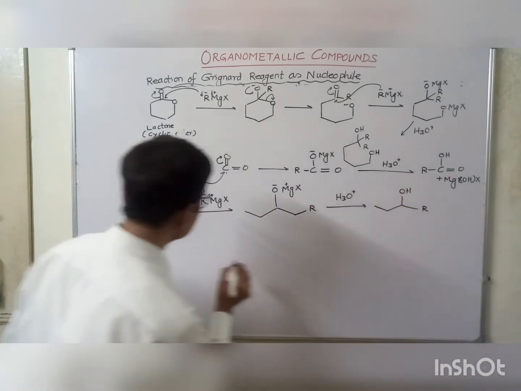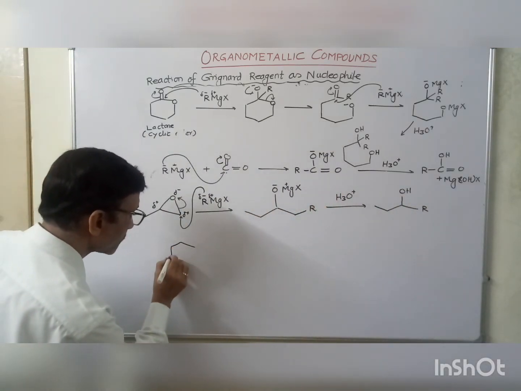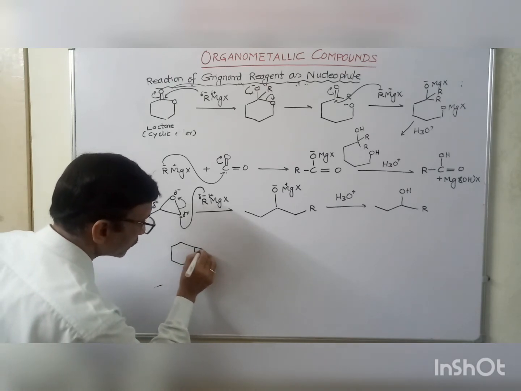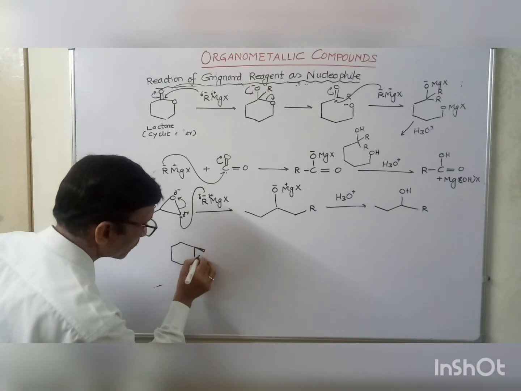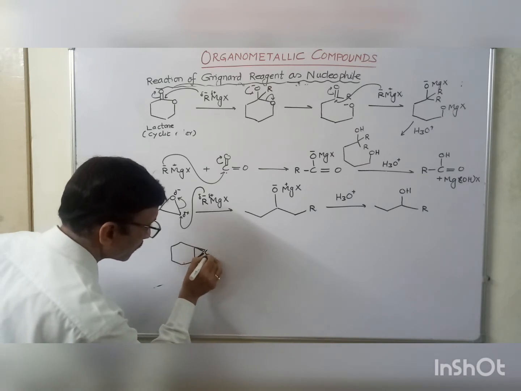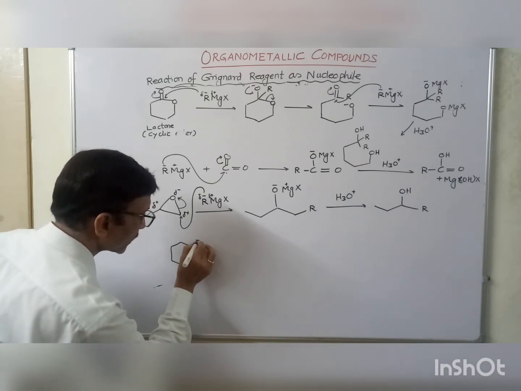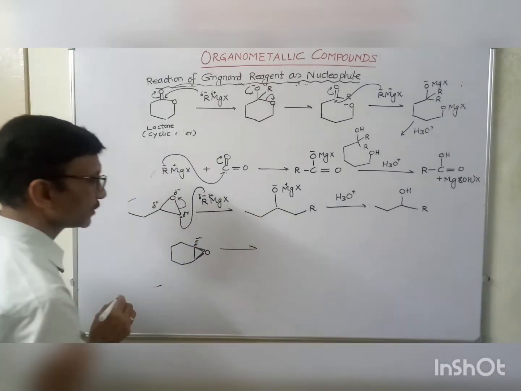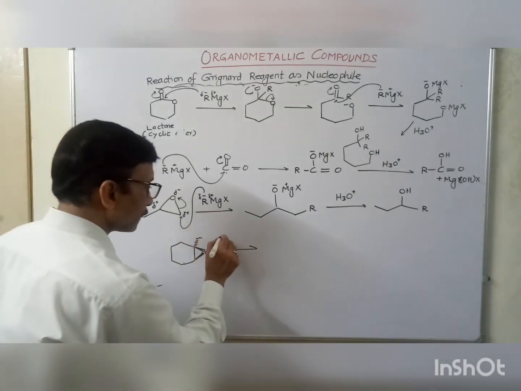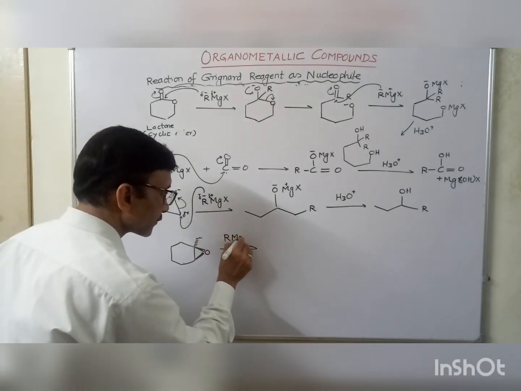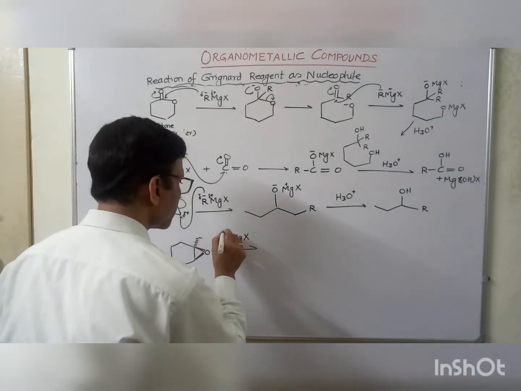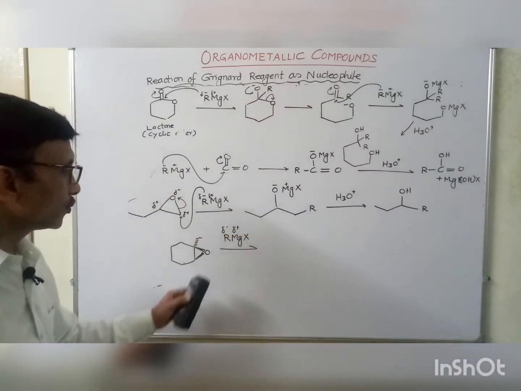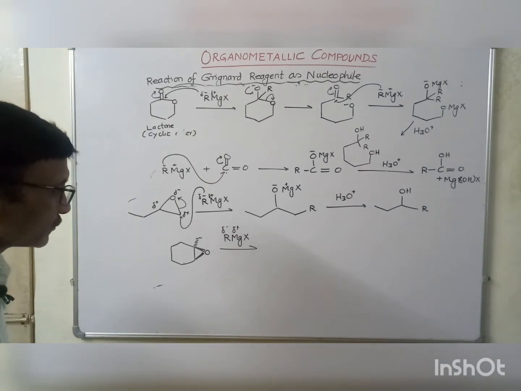In the same way, suppose I have an epoxide ring, and one methyl group is present over here. For this one, if we see the stereochemistry in this case, from where will the nucleophile attack?